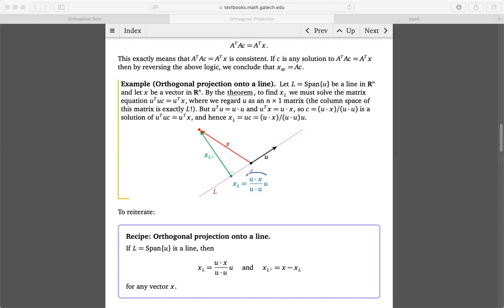So this formula right here is the projection of x onto the vector u. All these vectors really should have the little vector symbol above them. To save time, we're just not going to use that. This is the projection formula. So that's where it comes from.